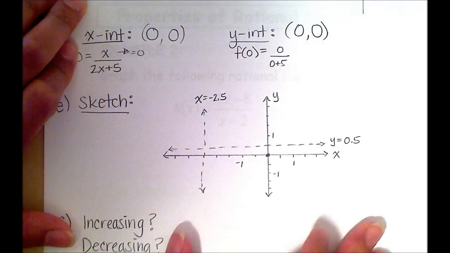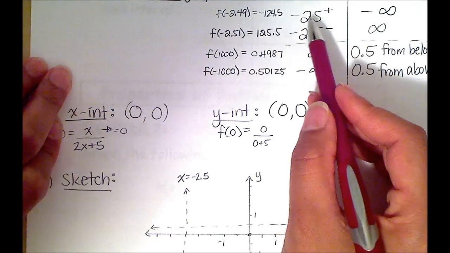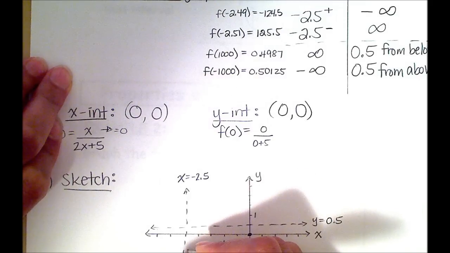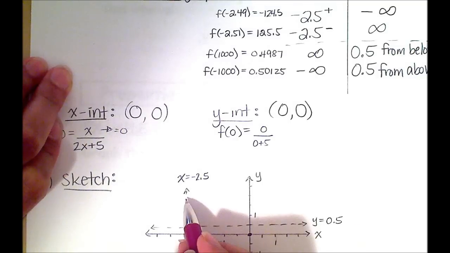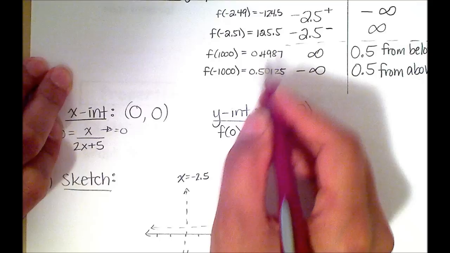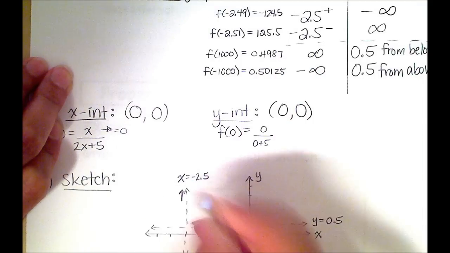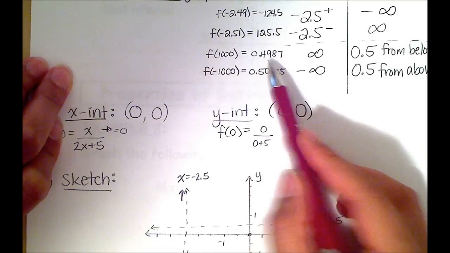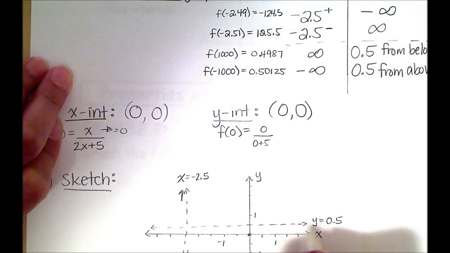And then we can use the end behaviors to help us graph the rest of it. So looking back at our end behaviors, as the vertical asymptote is being approached from the right, it's approaching negative infinity, so it must be coming downwards. And as the vertical asymptote is being approached from the left, it's approaching positive infinity, so it must be going upwards. And then as x is approaching positive infinity, the function is approaching a half from below.